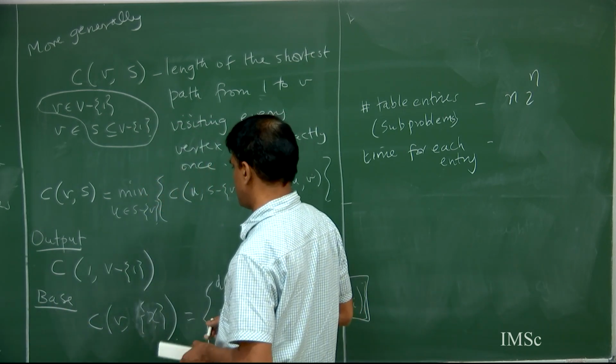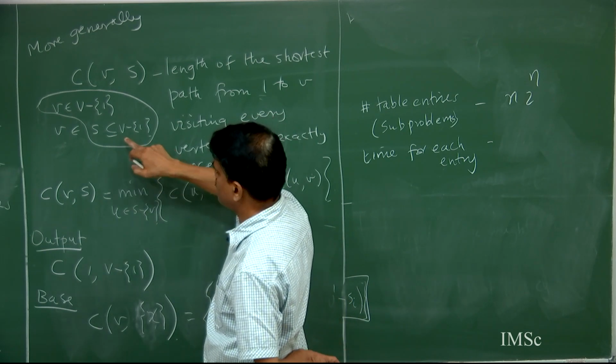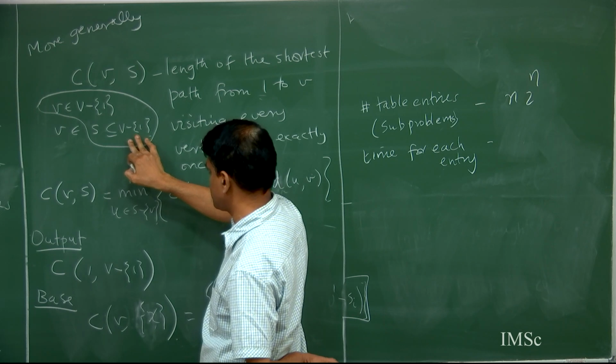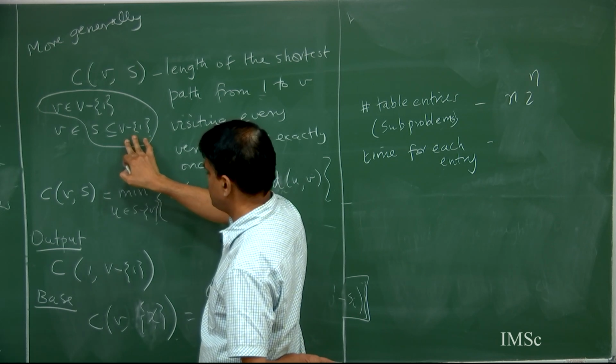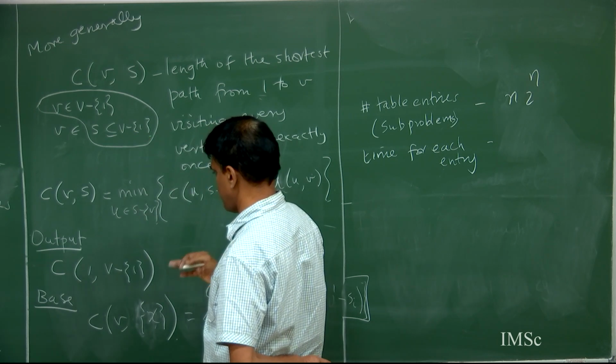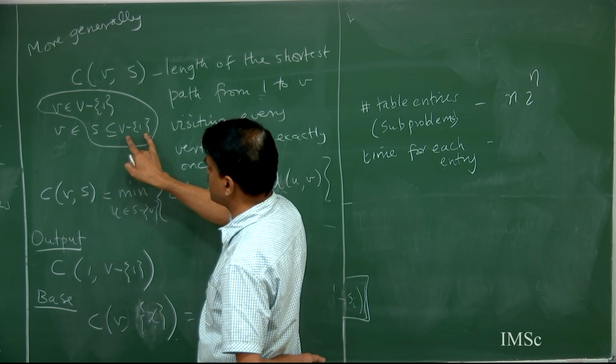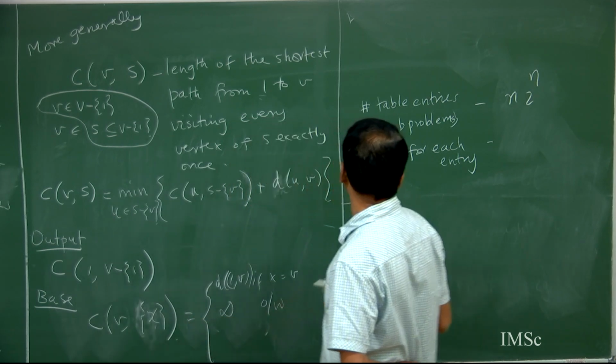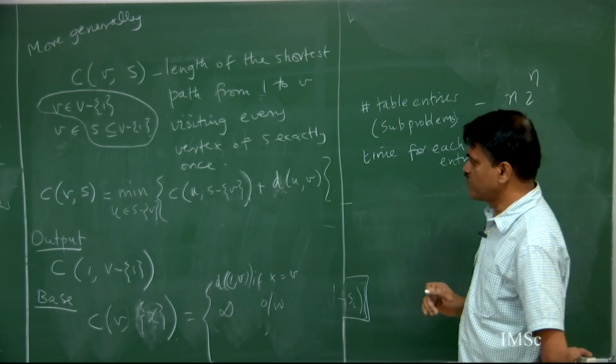That's not very clear. I mean, S is contained in V minus 1, so it's like 2 power n minus 1. Because you do not know what set you are going to get. Yeah, so 2 power n minus 1, and this is also n minus 1. So, it is like order n in 2 power n, and what is the time for each?